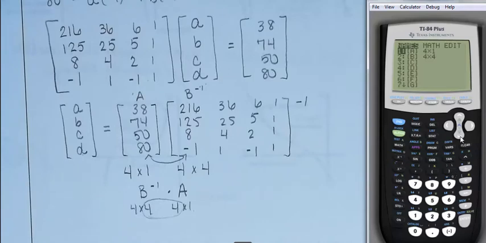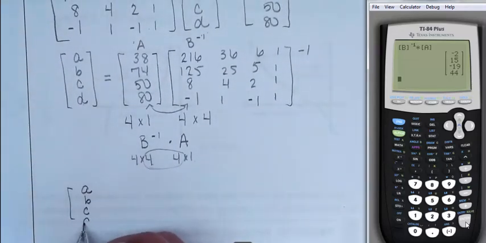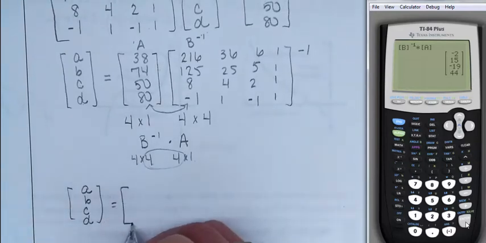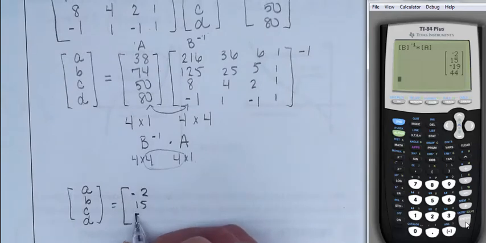So I'm going to take that one, do the inverse of that, and then I'm going to multiply that by A. And I end up with A, B, C, D ends up as -2, 15, -19, and 44.